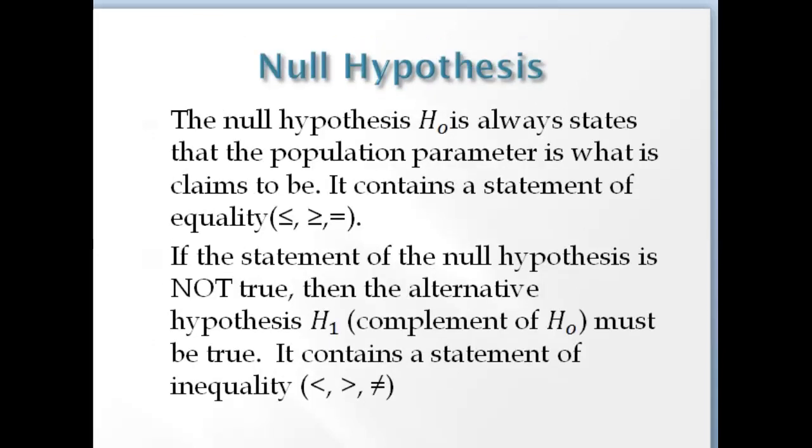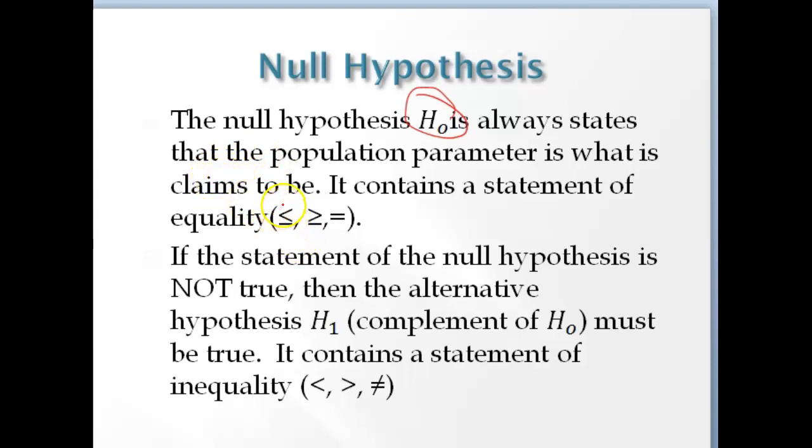So we want to talk about the various parts of a hypothesis that we want to identify. The null hypothesis, denoted H sub 0, always states that the population parameter is what we believe it to be.